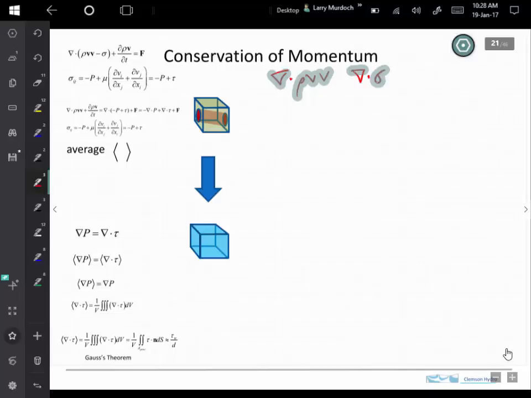Well, let me just start off with what we had on the previous page. Okay, so what we can do, this is the divergence of these two things, so we can write it like this. And then, well, I can write it like that.